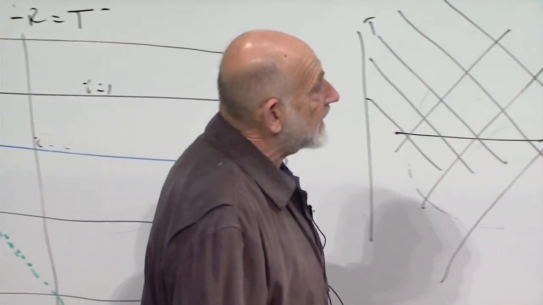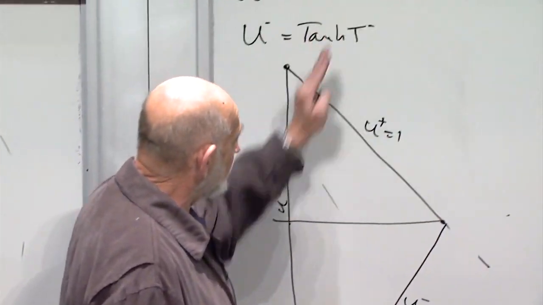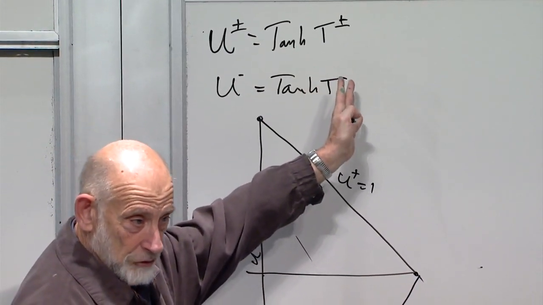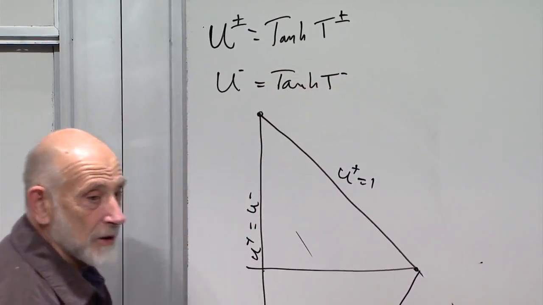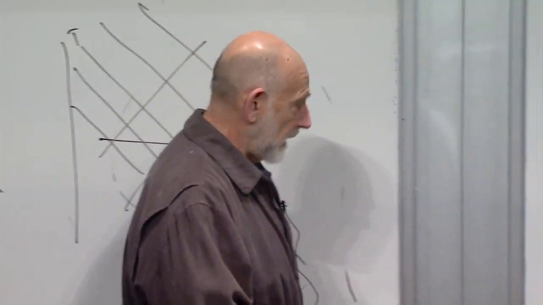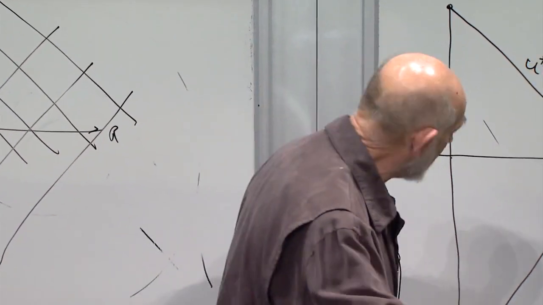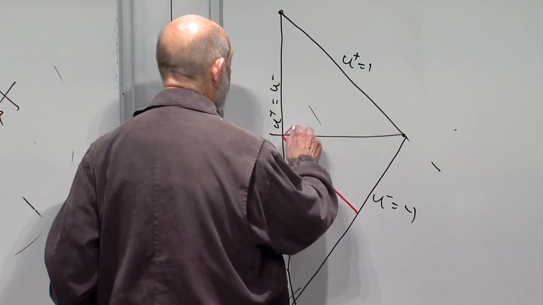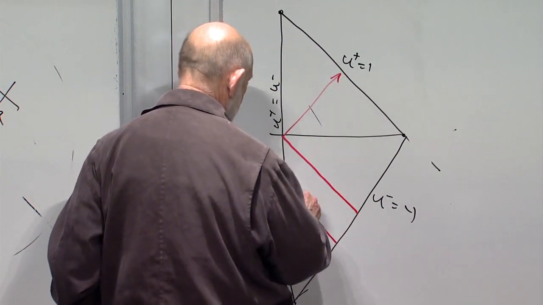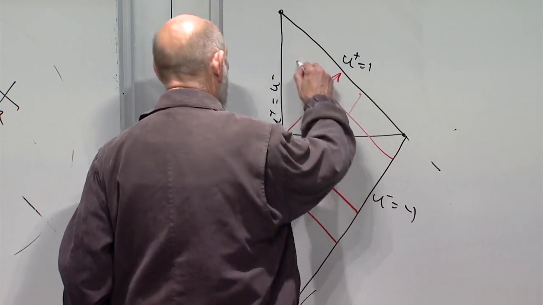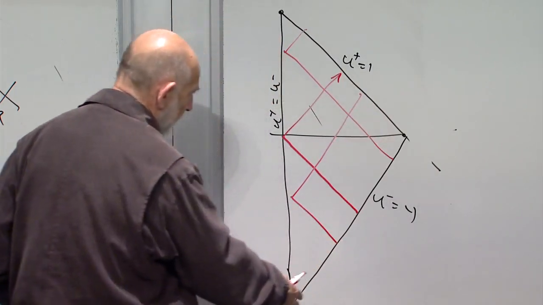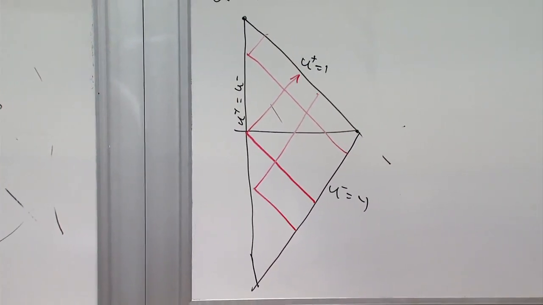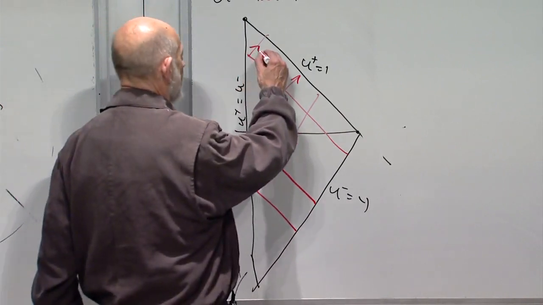But if T plus is constant and fixed along some trajectory, it means that U plus is constant and fixed along that trajectory. Likewise for T minus and U minus. The upshot is that if you make a coordinate transformation like this, it is still true that radial light rays move on straight 45-degree angles. These are light rays that come in from the remote past, bounce off the origin, and go back out. Again, bouncing off the origin is just a figure of speech. You just pass through the origin.